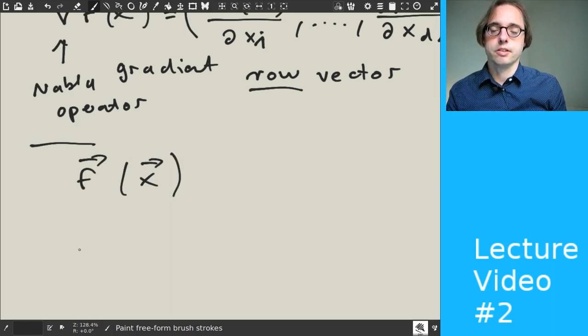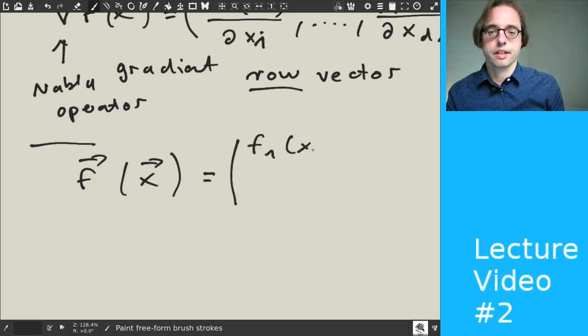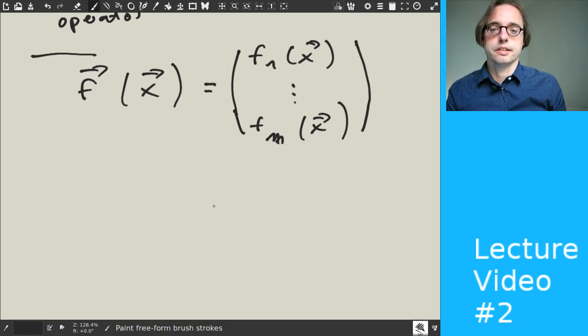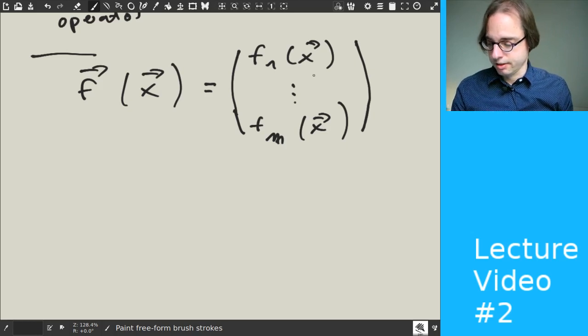Then you can also compute the gradient for this, but then it's a vector containing functions, and the matrix containing all the gradients of these functions is called the Jacobian matrix.